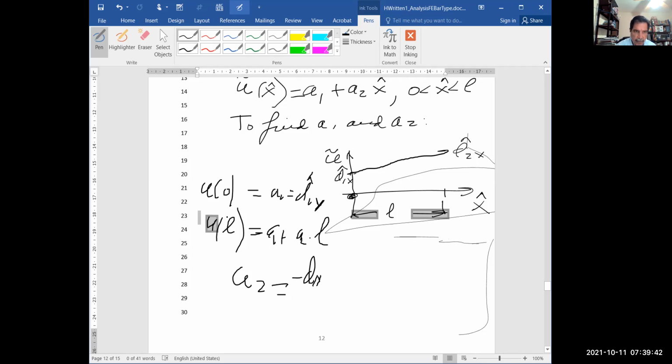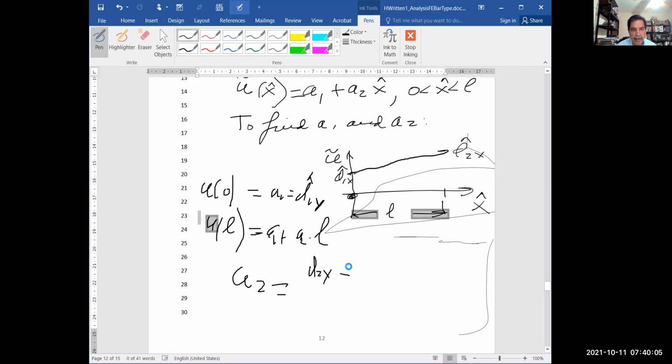And that's to the left, but on the left, let me erase. Okay, A2, that's the constant I'm trying to find, is equal to U of L. U of L is equal to D2X. So it's going to be D2X. And then I take this A1 to the left.